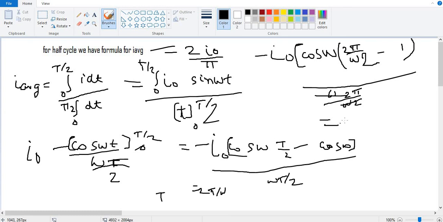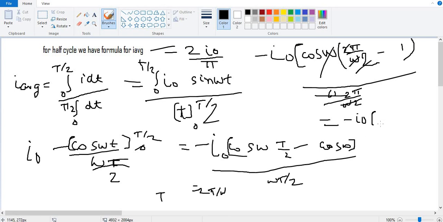Now here it will be minus I naught, and cos of omega. We will cancel omega with omega, and 2 will get cancelled. Now I will be left with cos pi.